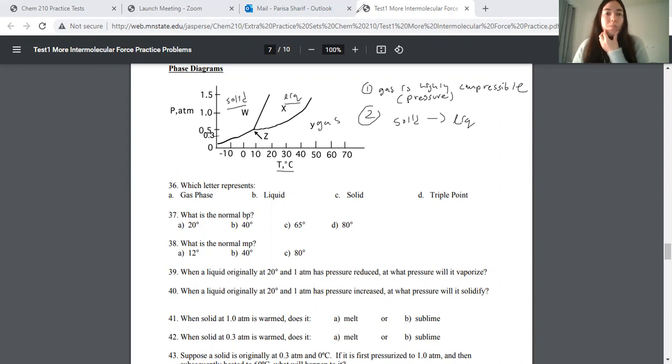Okay, so let's answer some questions now. This says, what is the normal boiling point? So normal just means standard conditions. So the conditions we're in every single day when we wake up, we're at sea level. So that's 1 atm pressure. That's the pressure we're normally at.